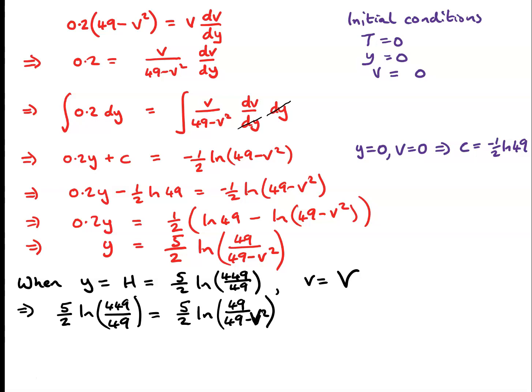Cancelling out the 5 over 2's and then raising each side to the power e, we end up with 449 over 49 is the same thing as 49 over 49 minus v squared. In other words, 49 minus v squared is the same thing as 49 squared divided by 449.